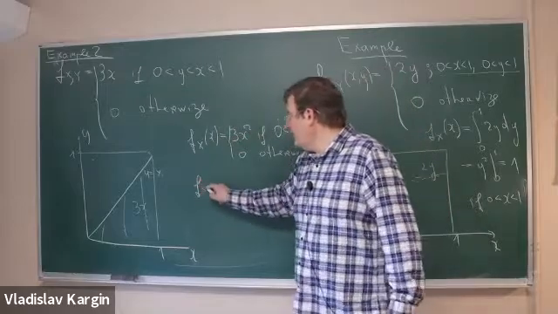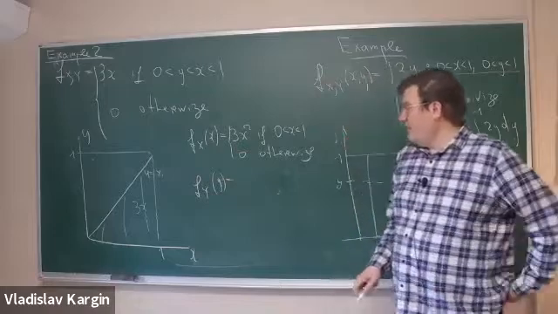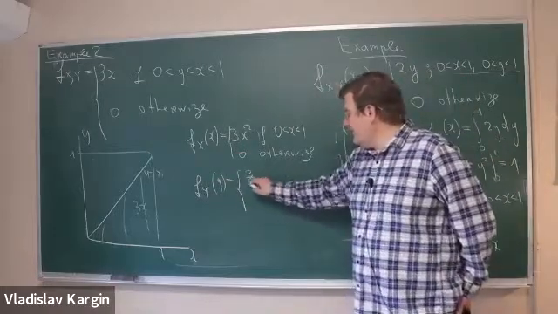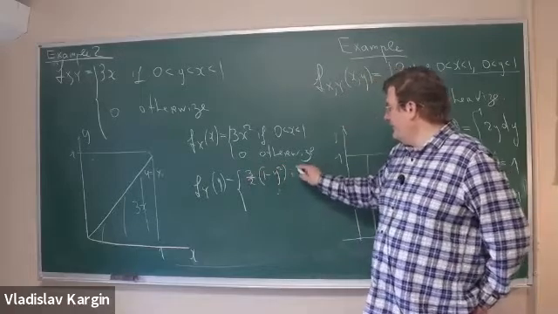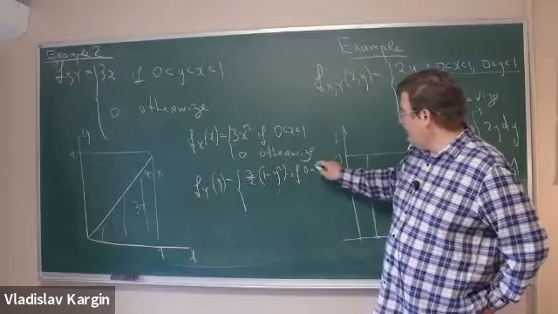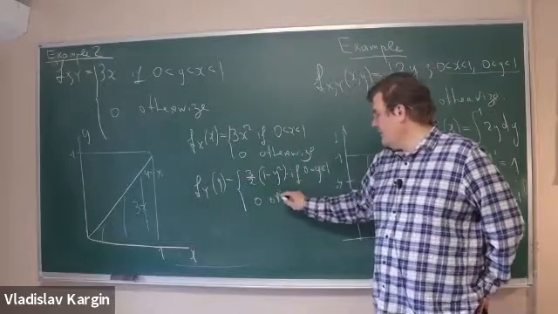And f of y was equal to 3 over 2 times 1 minus y squared if 0 is smaller than y, smaller than 1, and 0 otherwise.